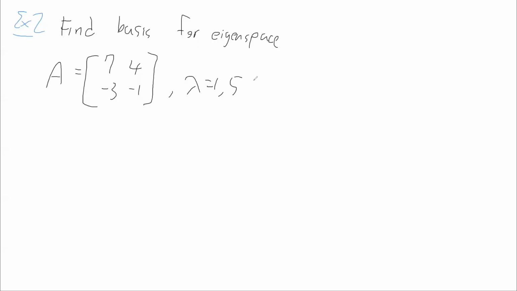All right, example 2. Our goal is to find a basis for the eigenspace for this matrix, and we're also given 2 lambdas.